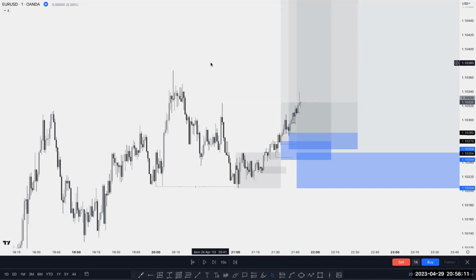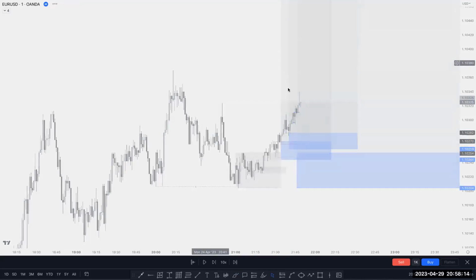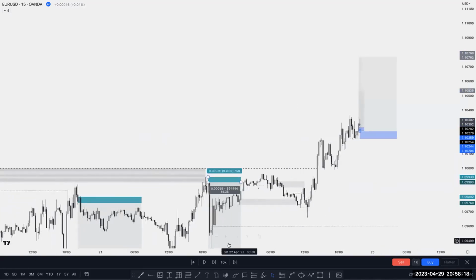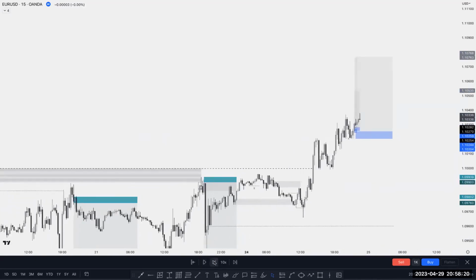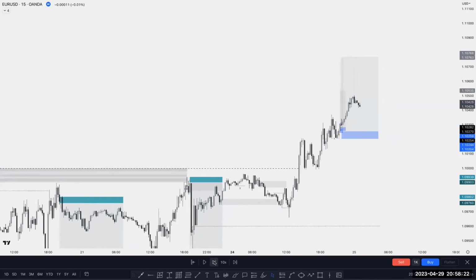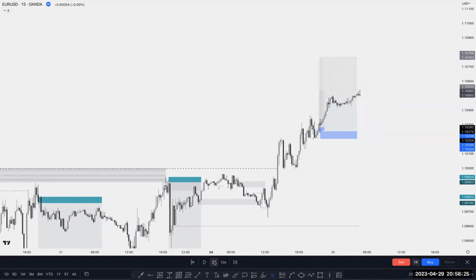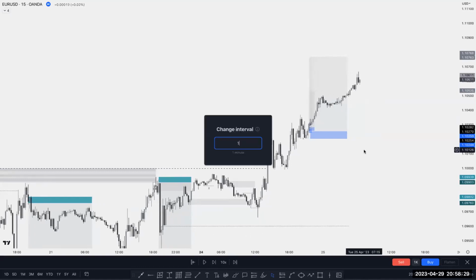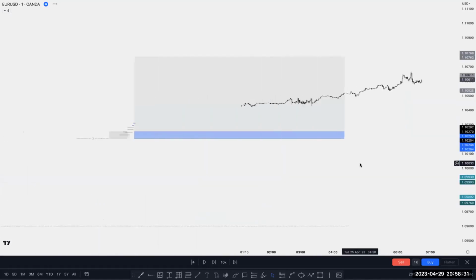Okay. And now I'm going to switch here to the 15-minute time frame. Okay, perfect. Continue going higher high. Again, switch here to the 1-minute time frame.